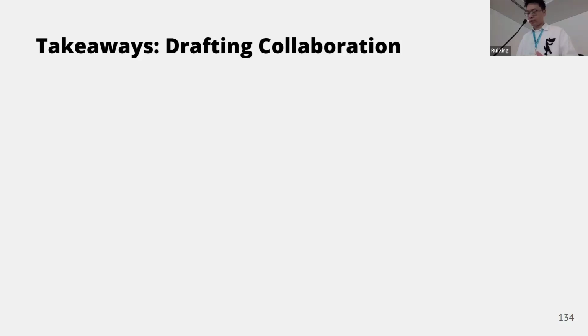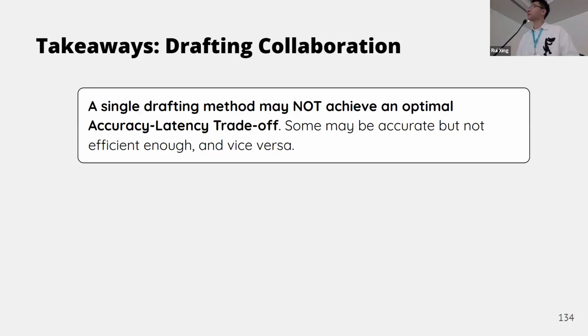And this gives us quite exciting research insights. The first insight is that a single drafting method may not achieve an optimal accuracy-latency trade-off, because we know some methods like EAGLE and Medusa have extra draft parameters. They may be accurate, they may have high speculation accuracy, but they may not be efficient enough.